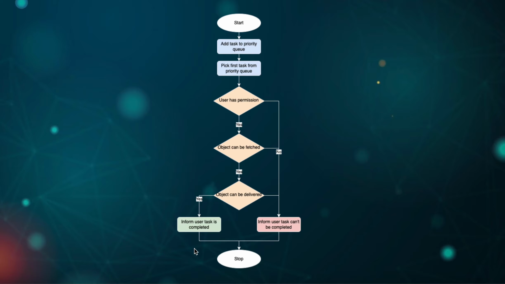If the first module returns a yes, it goes ahead and checks whether the second module returns a yes or no. And then it checks if a third module returns a yes or no. If all of these three modules return a yes, it completes the task and informs the user that the task is completed.